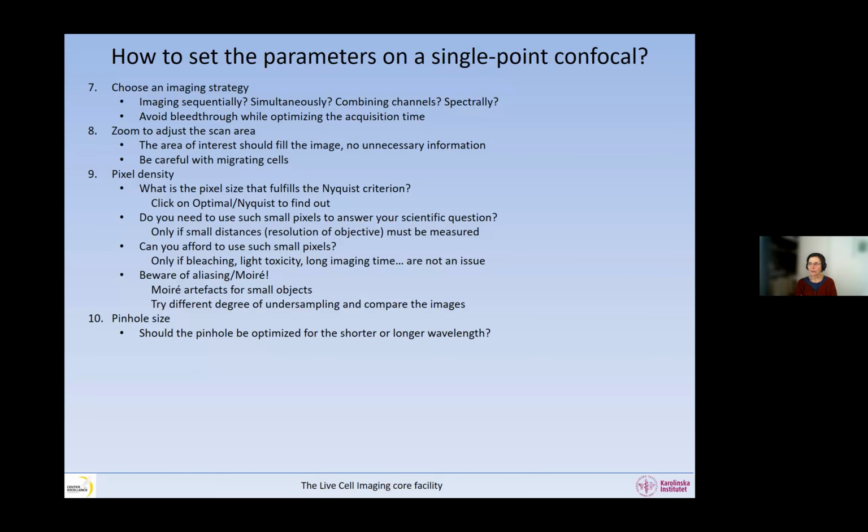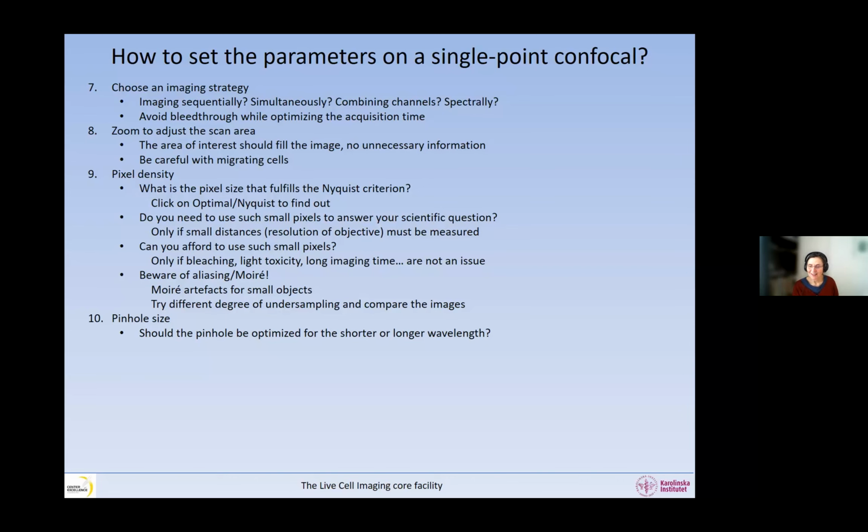You first calculate the resolution that this objective will deliver at this wavelength, and then you do the other way around.